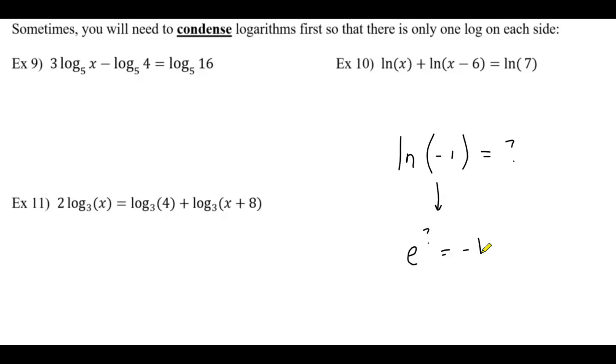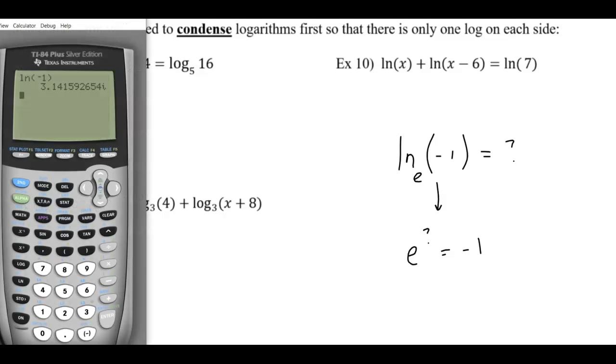If I take the base of the log and raise it to the right side, that equals the number in the middle. We've been doing that for weeks now, okay? Now, e is a positive number. Is it possible to take a positive number and raise it to a power and get a negative answer?